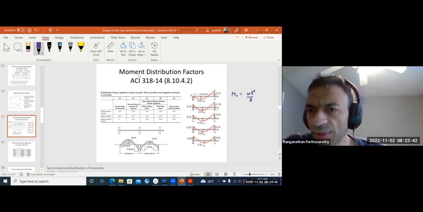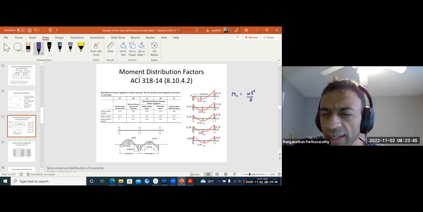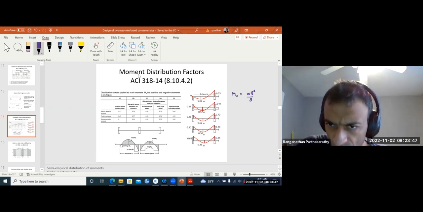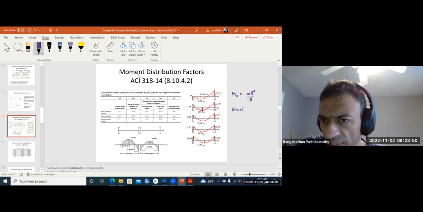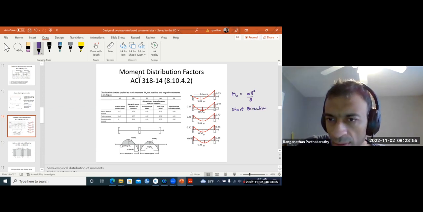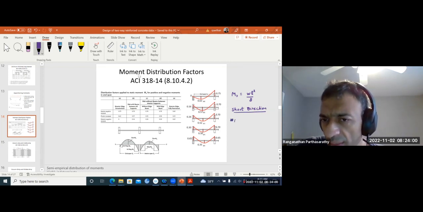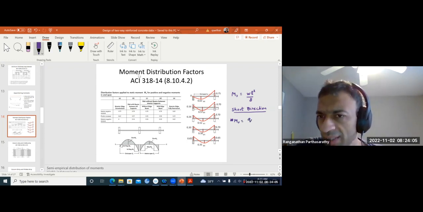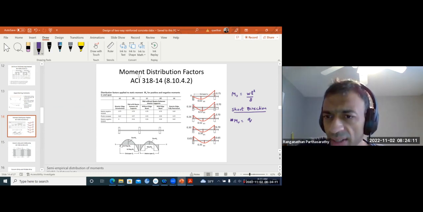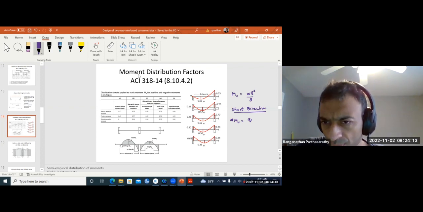Let's say we are doing bending in the short direction, suppose. Then M naught will be Q. Q is the PSF, the area load. W is line load, but this is area load. So you will do Q times the long direction.